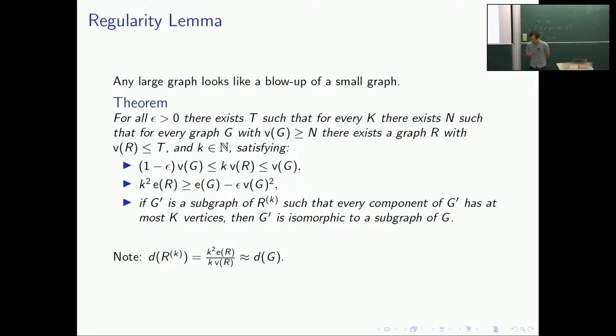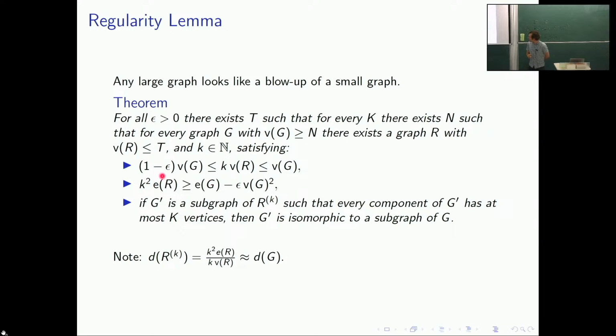And now whenever we take a graph G which is sufficiently large, so larger than n, there is some graph R such that G looks like the kth blow-up of R, if you squint at it.